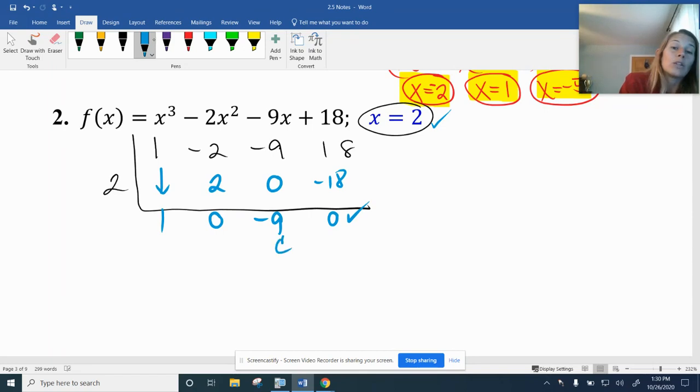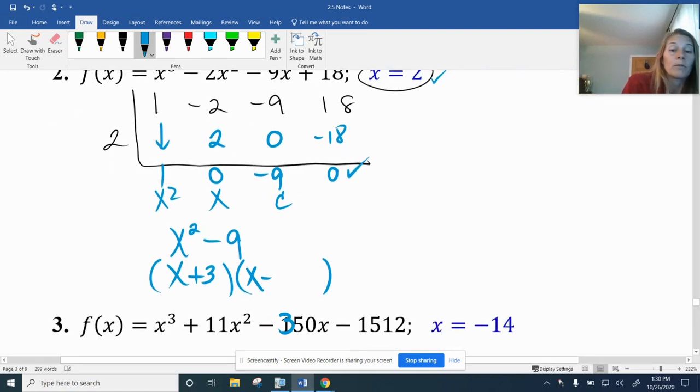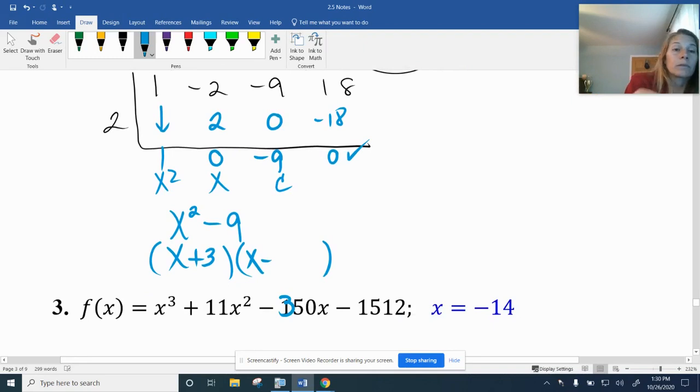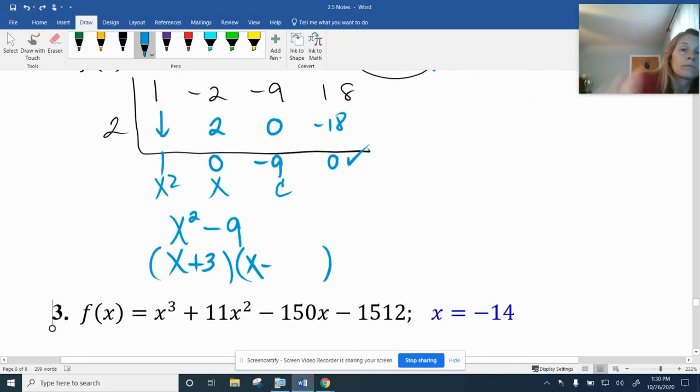So now I can use this trinomial that I get here, which is really x squared minus 9, and I can factor that into x plus 3 and x minus 3. Hold on a second.